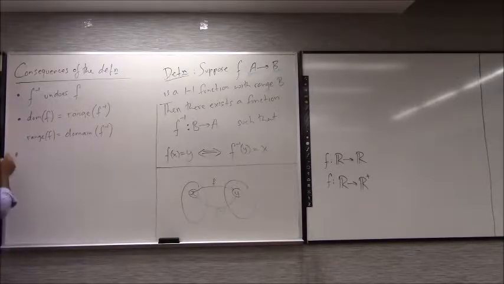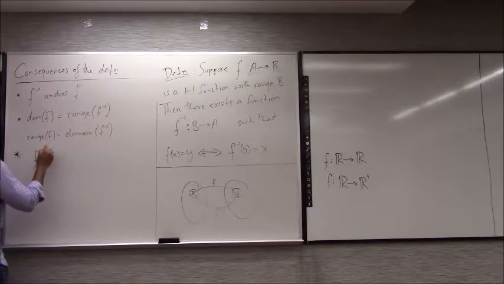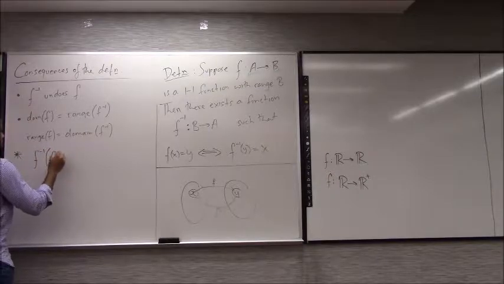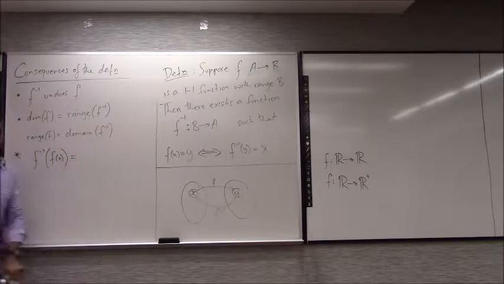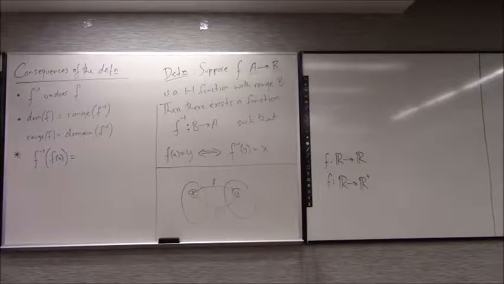Yeah, and this one is super important. You should mark that by a star. f inverse of f of x is, anyone guess what that is? Yeah? 1 over f prime of, oh no, x, sorry, it's just x.